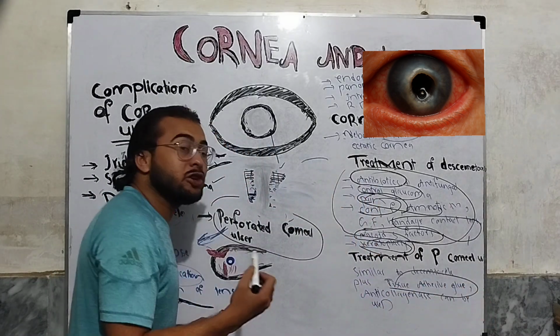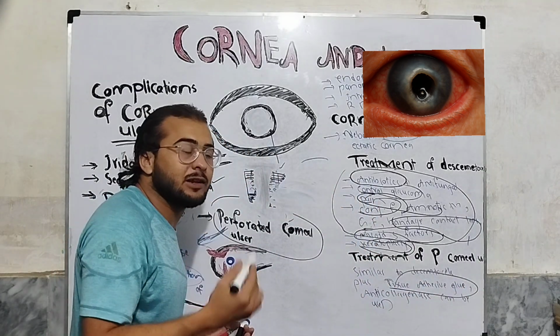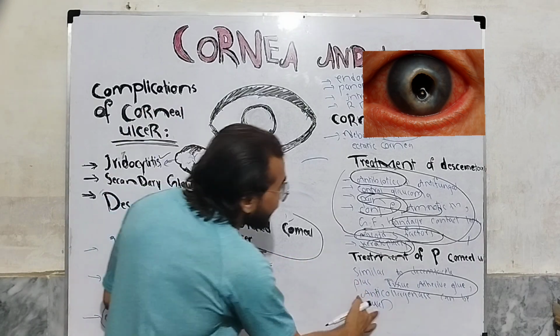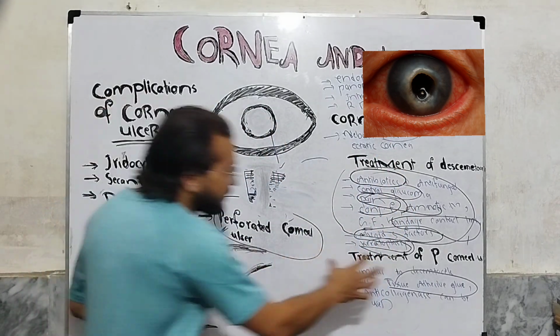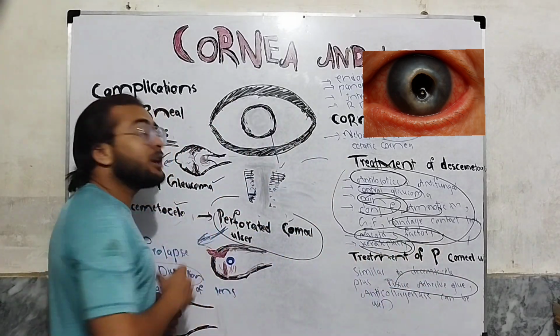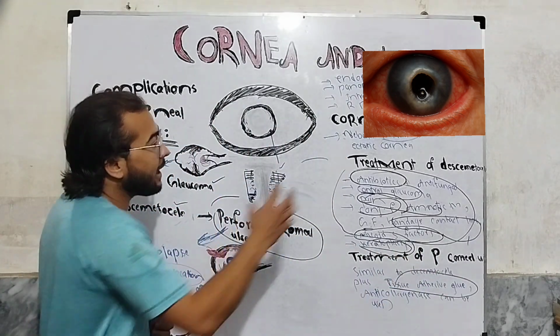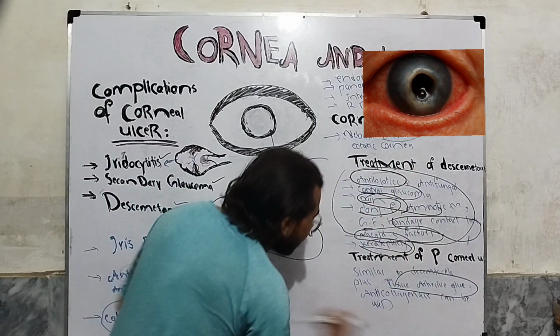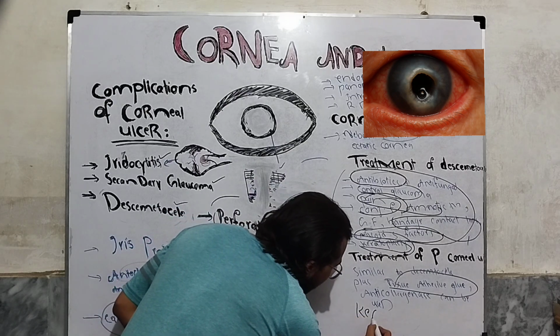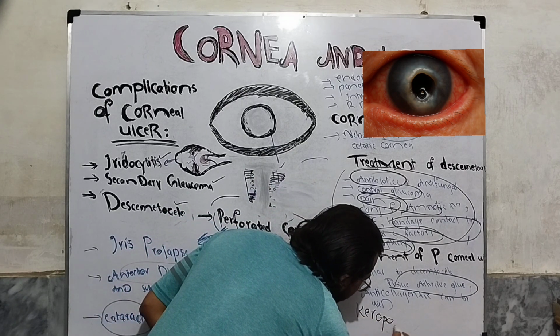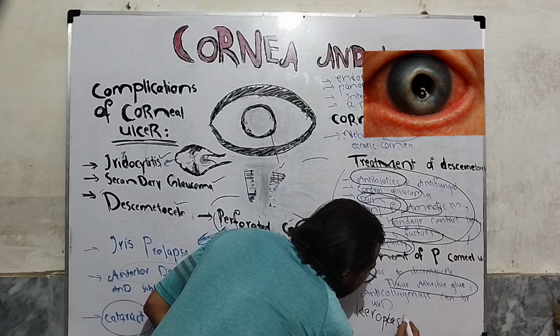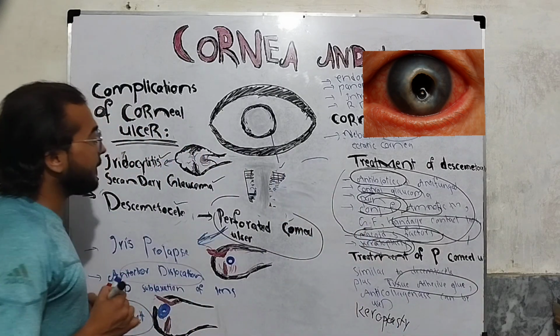Tissue adhesive glue and tetracycline anticollagenase can be given along with all these treatments of descemetocele. So this is the treatment for perforated corneal ulcer. And like in descemetocele, the final remedy is keratoplasty. So keratoplasty is the last resort with us in any corneal problem.